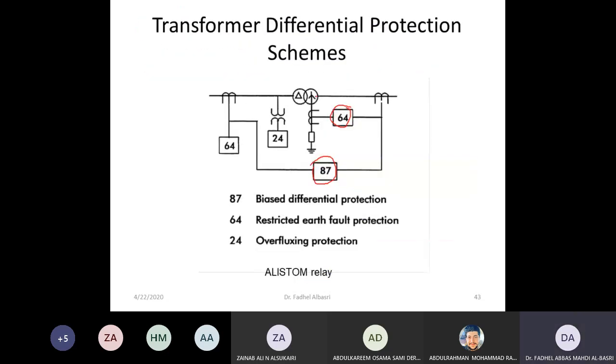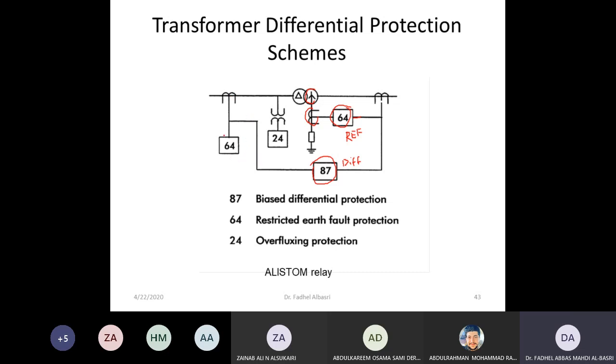So at the star side, as you can see, I put a CT at the neutral and connected it with the CTs at the star side line. So this is the restricted earth fault relay, REF. And this is the differential relay, which needs input from this CT and input from this CT.